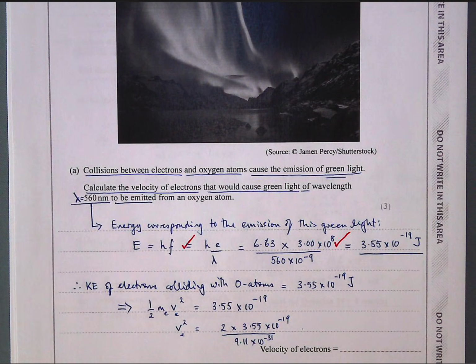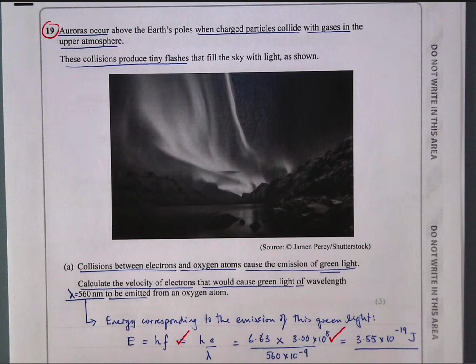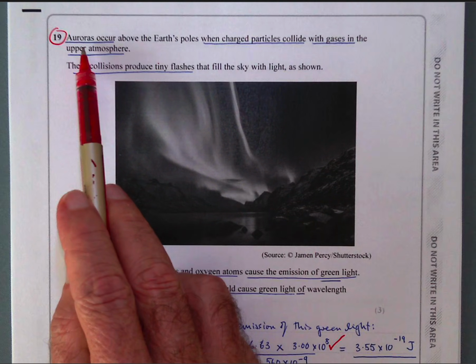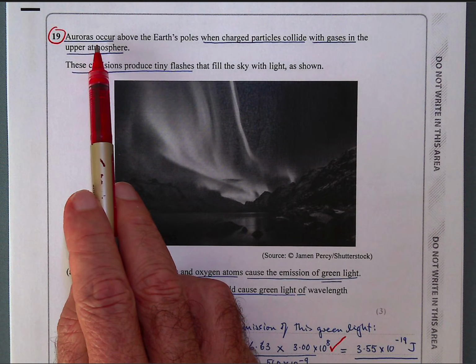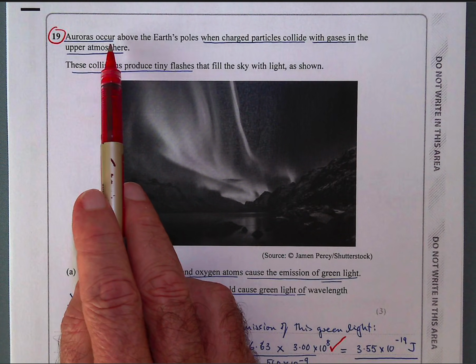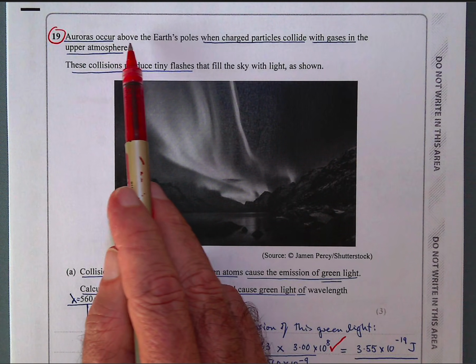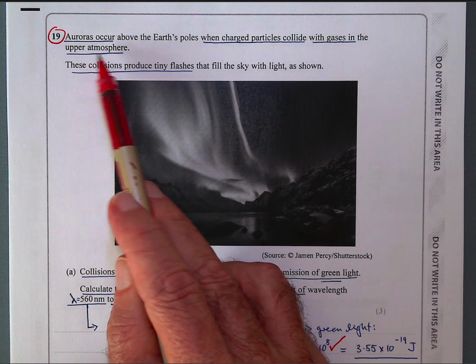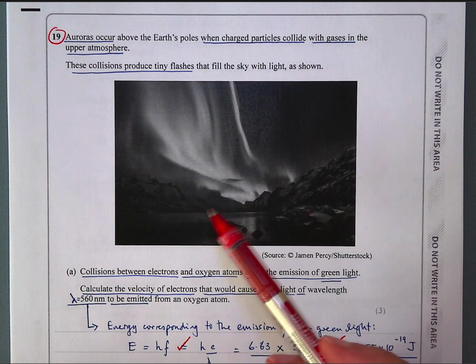Okay. Right, question 19 is about auroras, and they occur near the North Pole or the South Pole. So the Aurora Borealis and the Aurora Australis is the one seen from Australia. When charged particles collide with gases in the atmosphere, they create these lights.